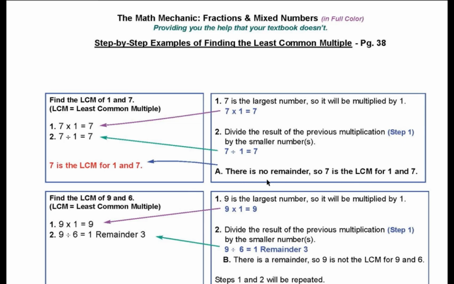Again, I will repeat, since there was no remainder when we divided, that means the result of the multiplication, which is 7, is the LCM, or least common multiple, for the numbers 1 and 7.